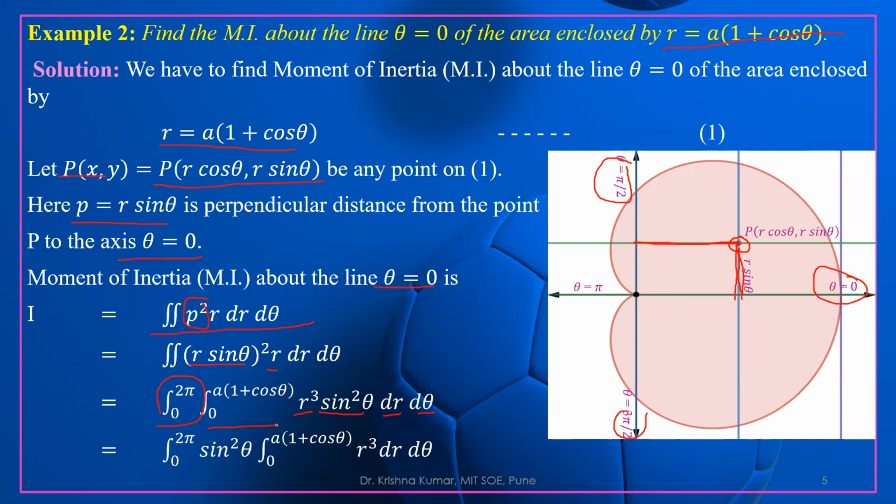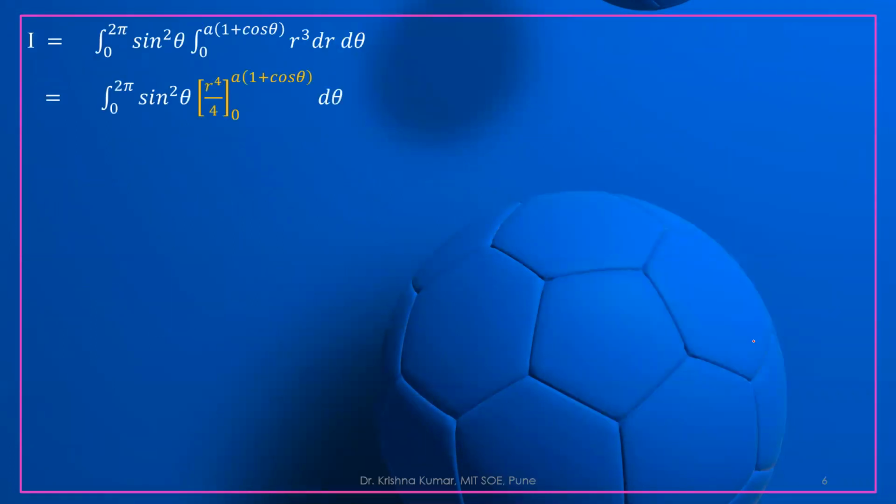And now what is the value of r? The value of r is 0 here, and for this curve it is r equal to a times 1 plus cos theta. So this is the limit. Now let us find the integration of this part. We first integrate r cube, which is r to the power 4 upon 4, d theta.